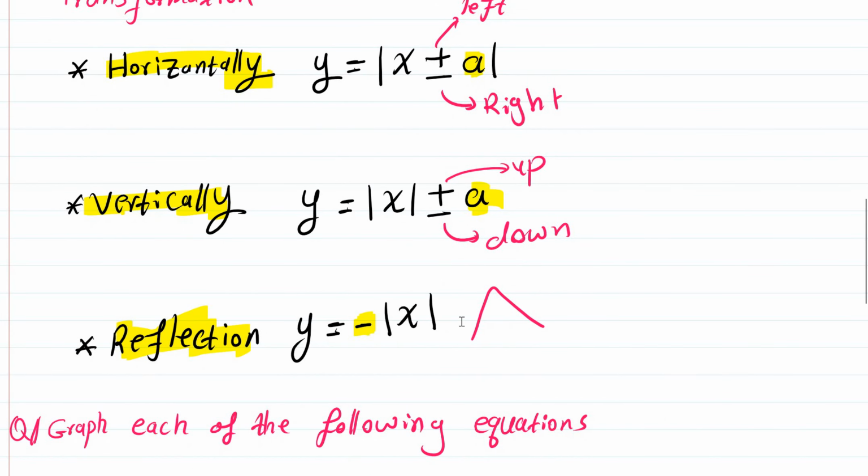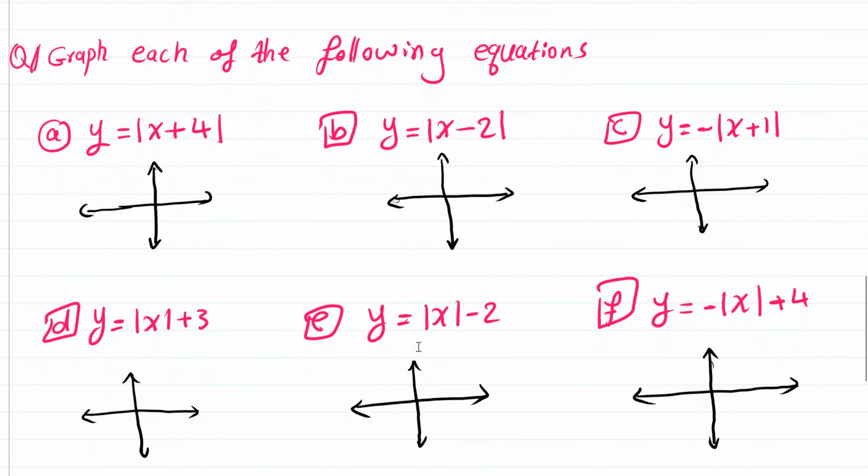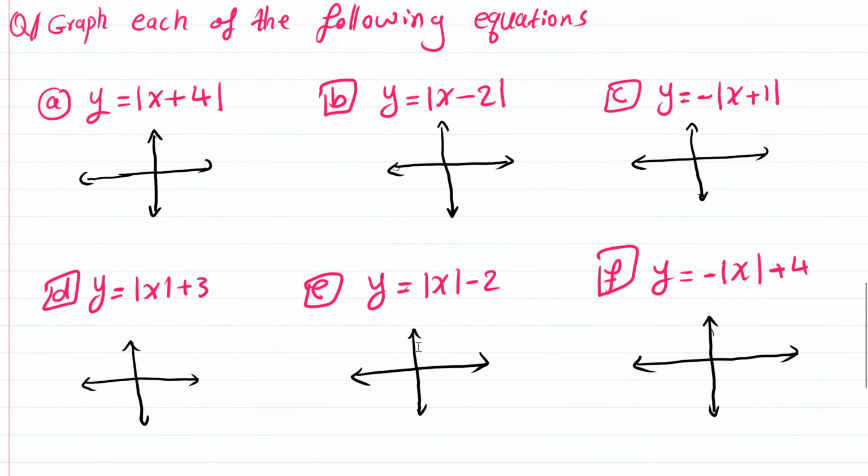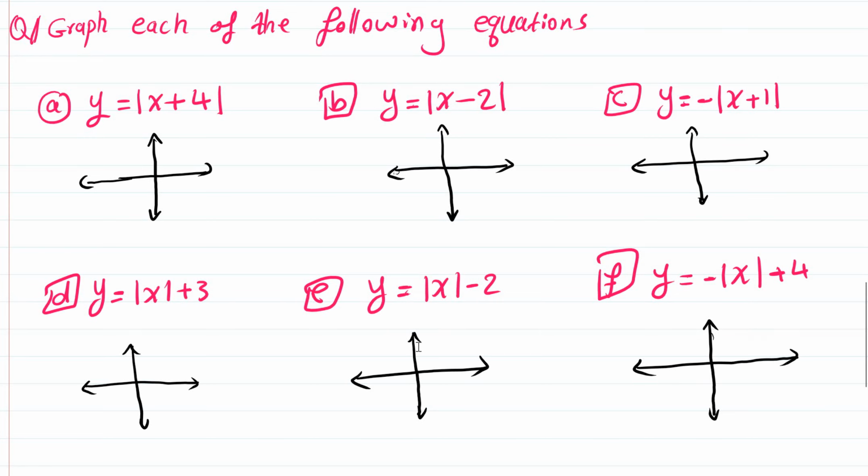And when you see a negative, you will reflect the letter V of the graph. So first one is x plus 4. It's positive and inside. So we must go to the left side 4 units. 1, 2, 3, and 4. So this is going to be the head of our graph. So this is going to be the graph.